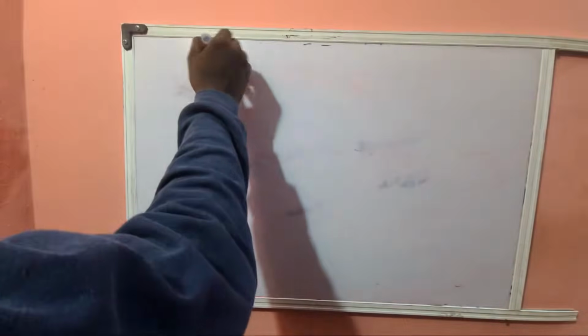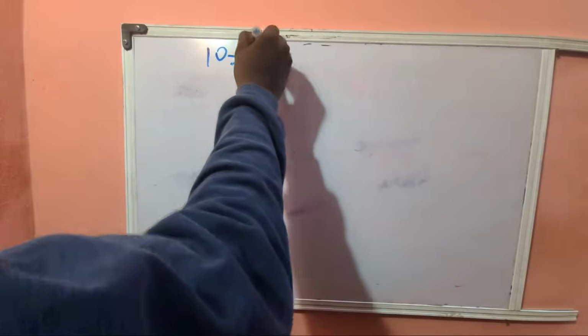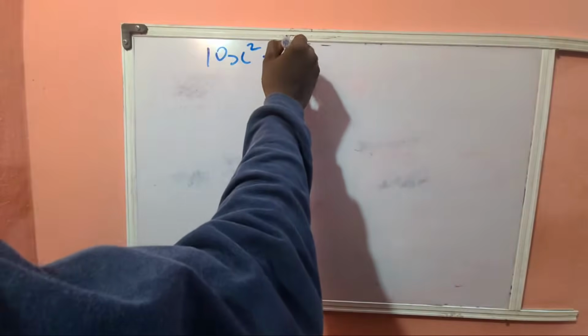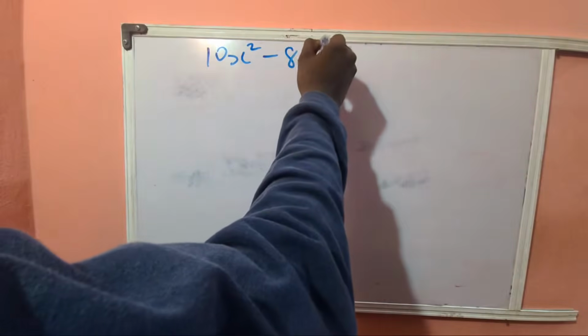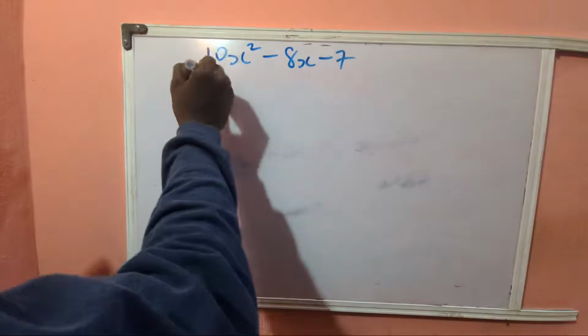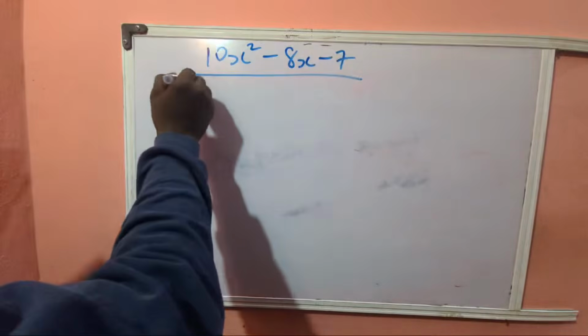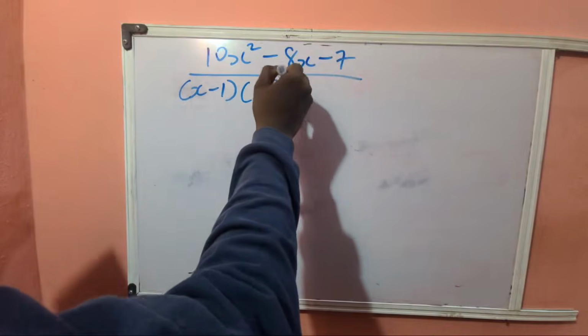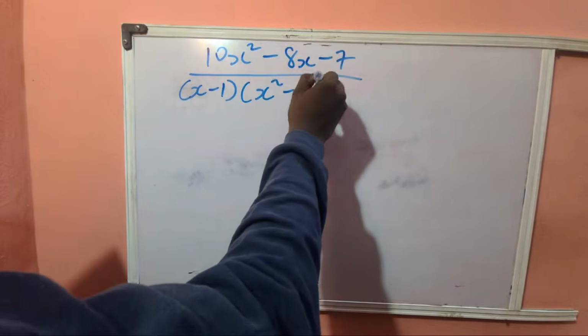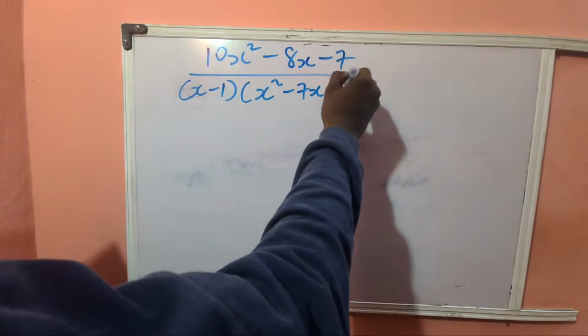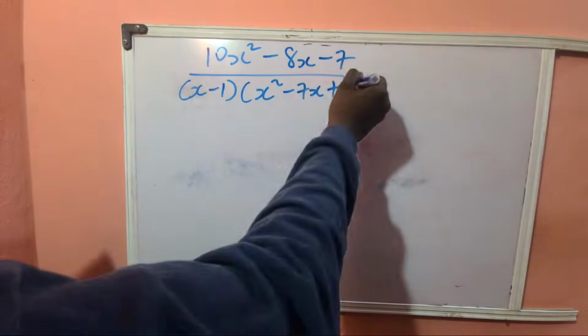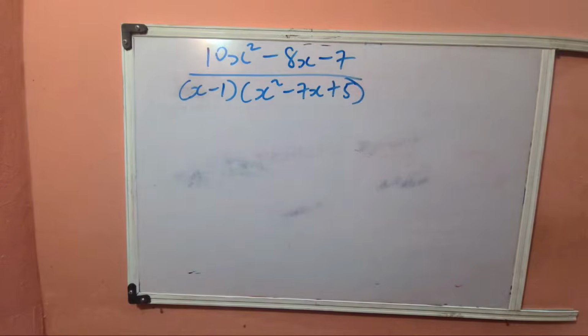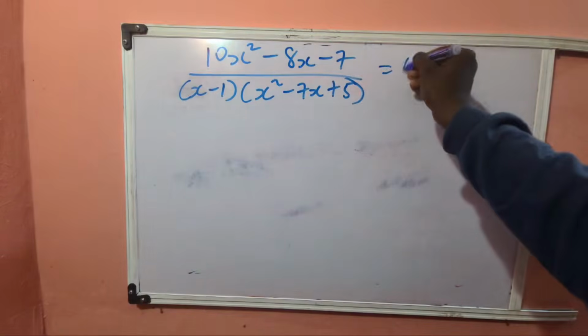So let me write that again. What we have is 10x squared minus 8x minus 7 over (x minus 1)(x squared minus 7x plus 5). This is the form we are told to resolve this into.